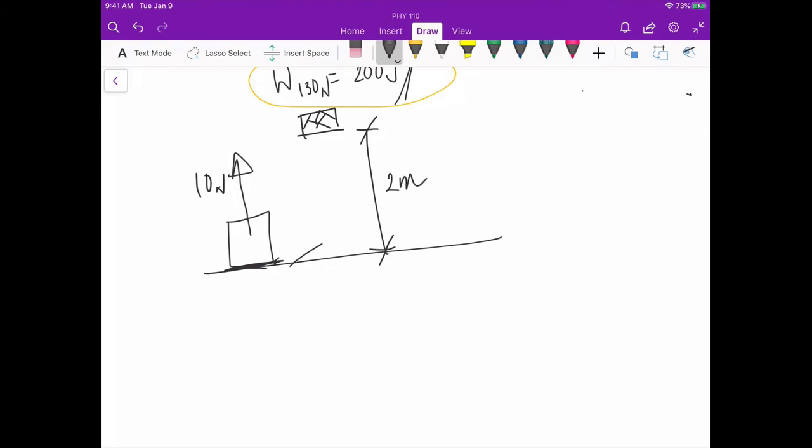Let's keep it simple. If you apply 10 newtons of force, how much work did you do? The force is in the vertical direction, and the object moved in the vertical direction as well. So your work done is simply 10 times 2. The force and the distance must be in the same direction to have work done.